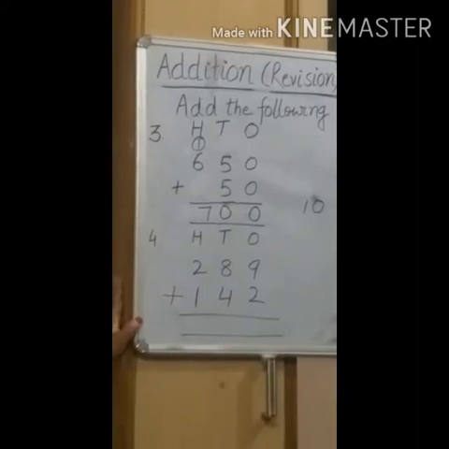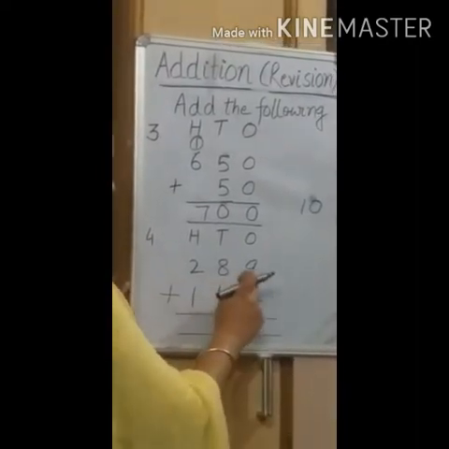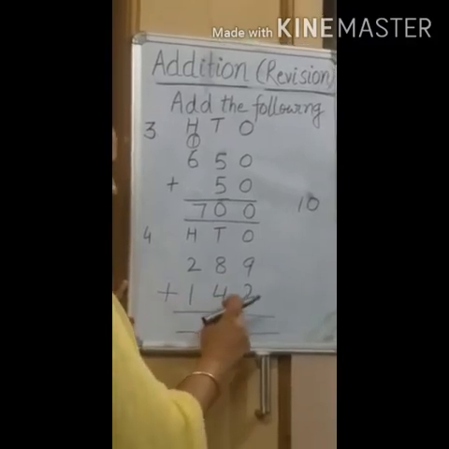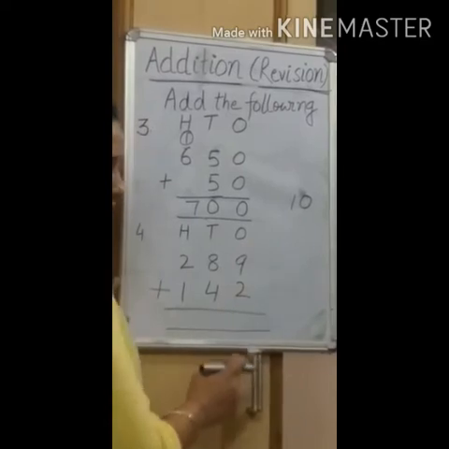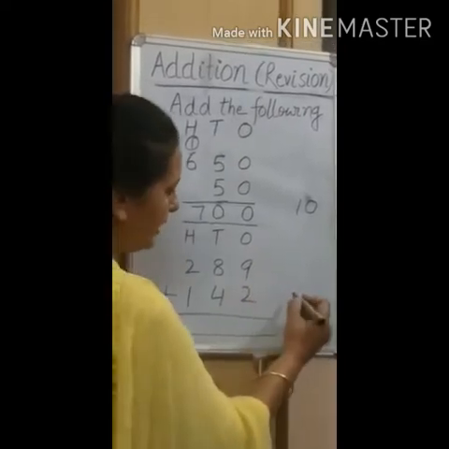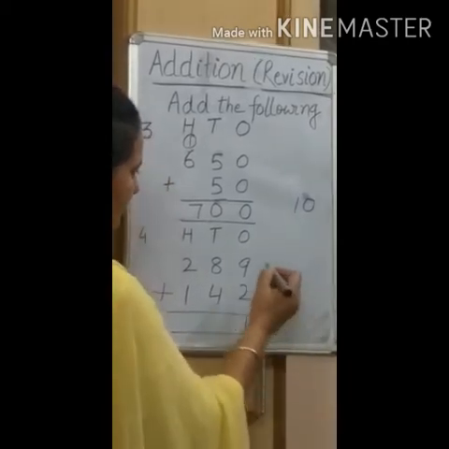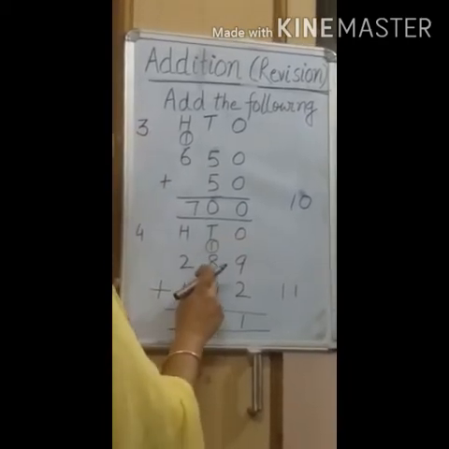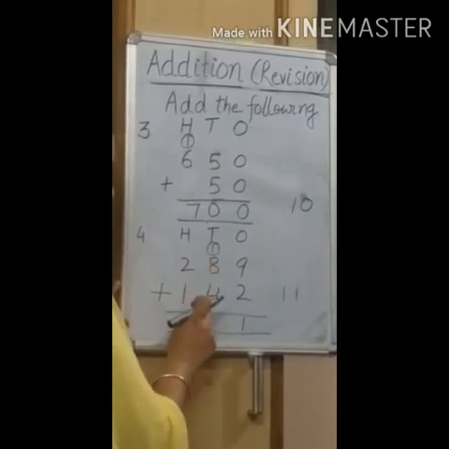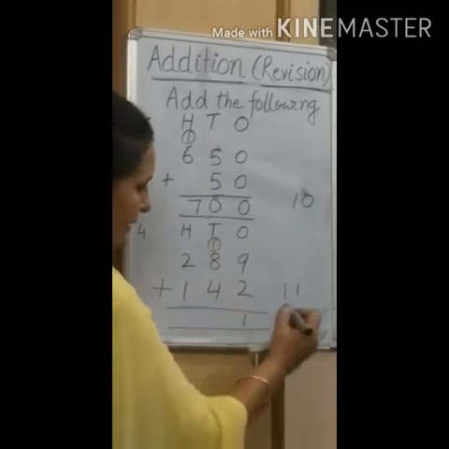Now dear students, see this next sum. This is 289 plus 142. So first of all we will add 9 and 2. 9 and 2 is 11. This 1 will come here and this 1 will go in the tens column. Now we will add 8 and 4. 8 and 4 is 12. 12 and 1 carry is 13.